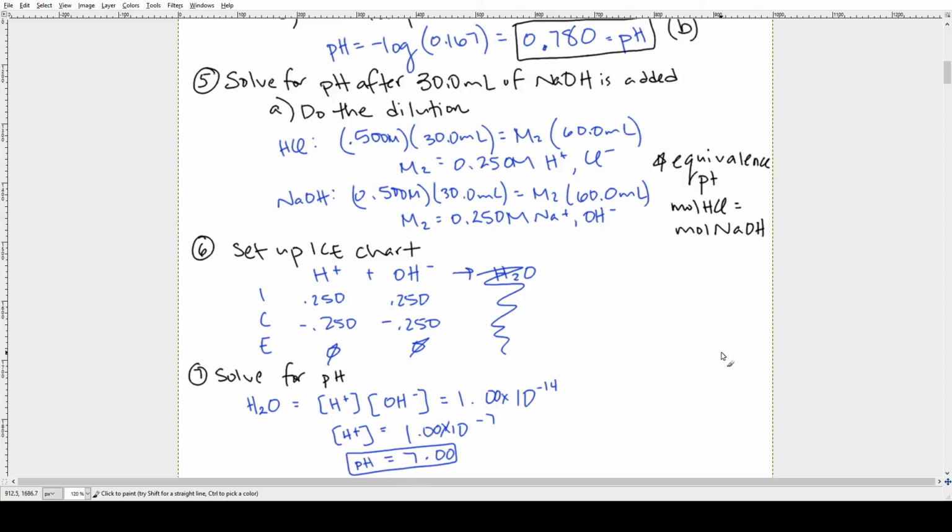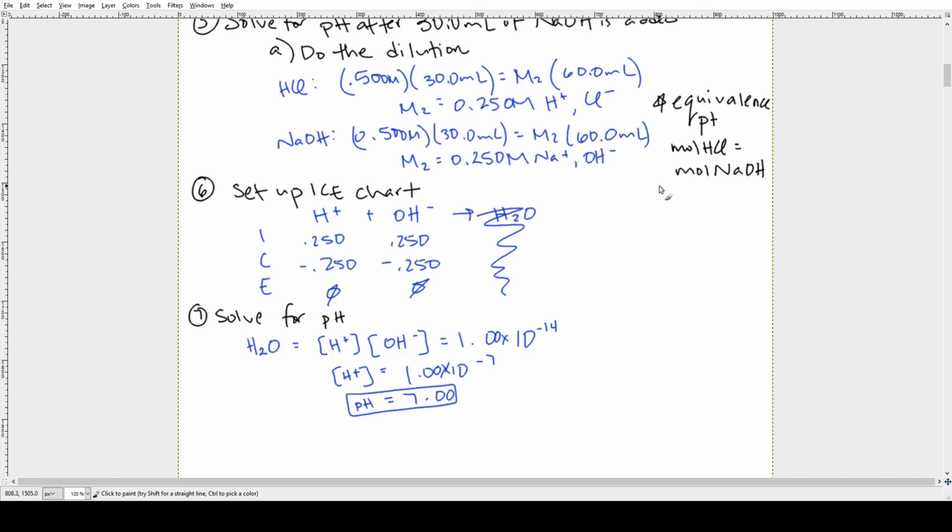Okay, so again, what you'd want to make sure you know is that at the equivalence point, the moles of hydrochloric acid are equal to the moles of sodium hydroxide.